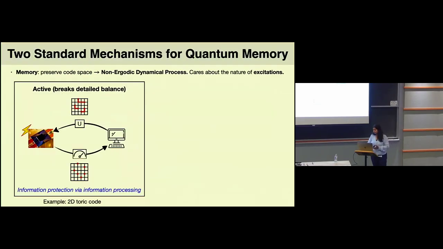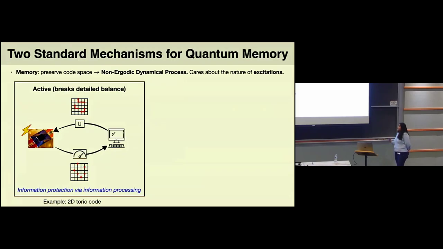Fundamentally, memory, to preserve information in the code space, is a dynamical process, and in particular, it's a non-ergodic dynamical process because we want to keep information in a tiny subspace of the full available Hilbert space or configuration space in the presence of noise. The type of memory that we can get depends fundamentally not just on the ground space, which we use to encode information, but also on the nature of excitations in the Hamiltonian.